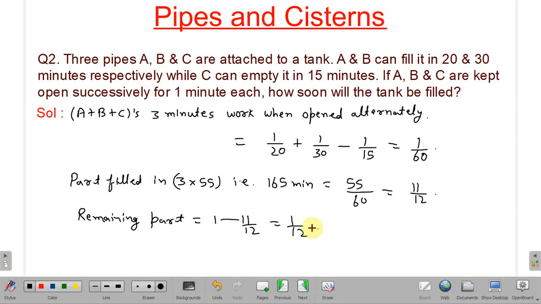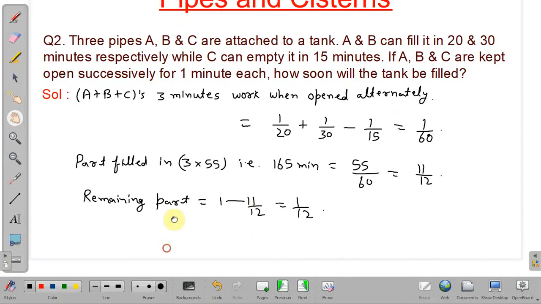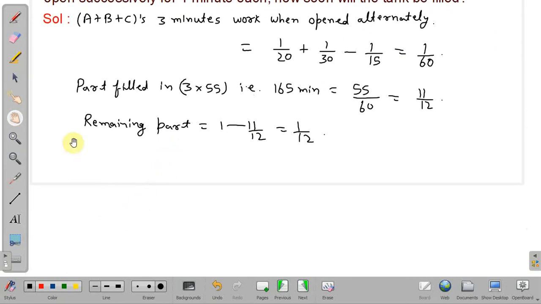Now we have to see with 1 minute interval. Okay. So next, which pipe will be opened? So next pipe A will be opened. Okay. So now it is A's turn.